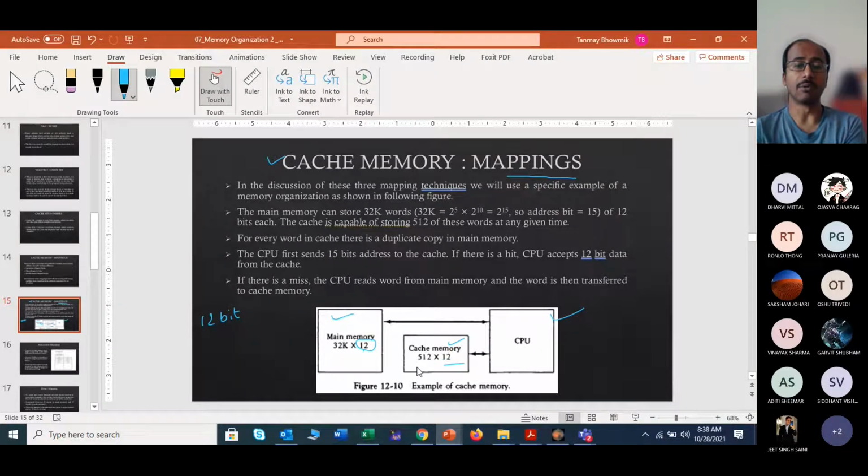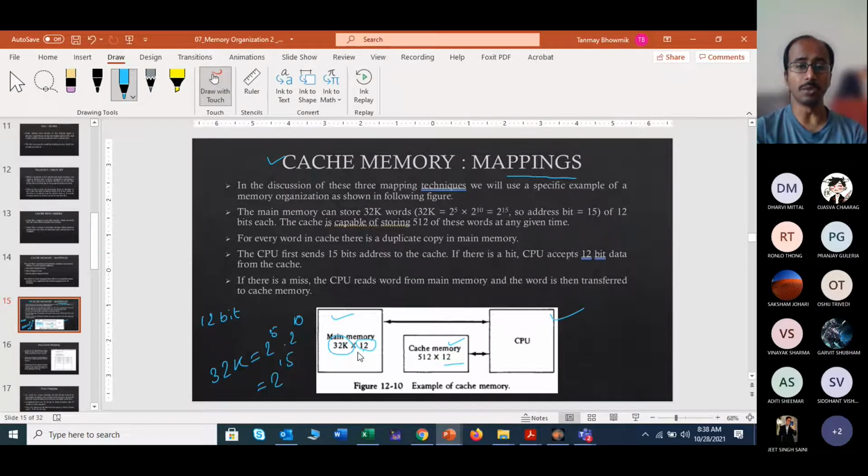Now the point is address locations or address lines. So how many locations are there in the main memory? It is 32K, right? So that means in your main memory there is a total number of memory locations of 32K, which can be represented as 2 to the power 5 times 2 to the power 10, that equals 2 to the power 15.